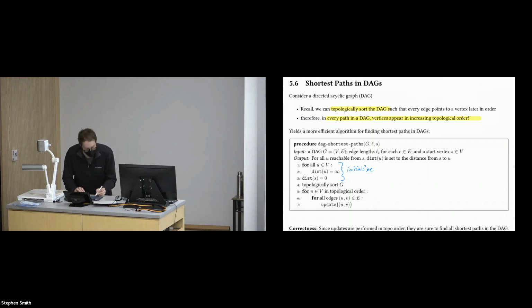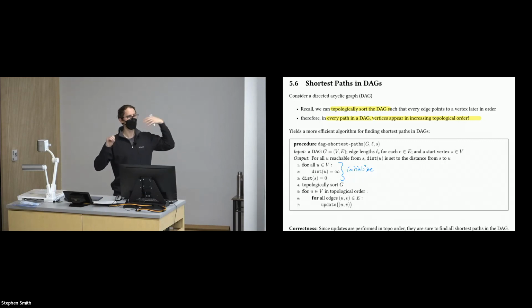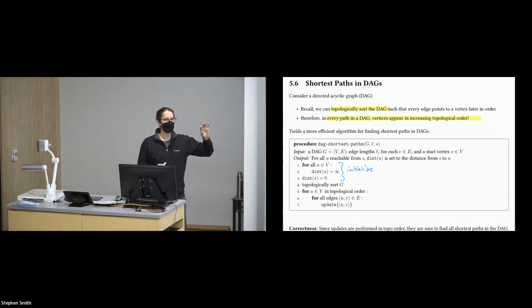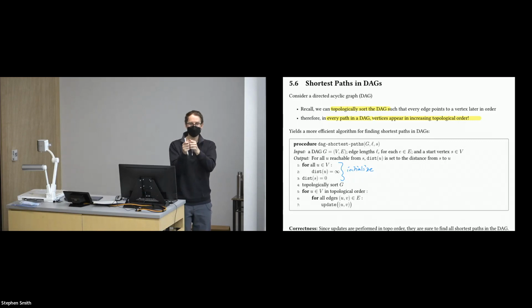Topologically sorting can be done, rather than having to run DFS and then sort the vertices, which would be a V log V operation to do the sorting, I can instead run depth first search. And as I write the post number of a vertex, I just add it to my list, like I'm maintaining a list with the topological order in it.